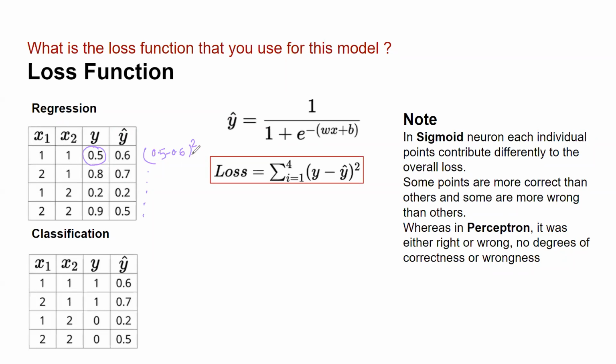One question, Ashutosh. In the top table where you have mentioned y and y cap as 0.5, 0.6, you have mentioned that as regression. So is regression when your prediction is not matching your target?